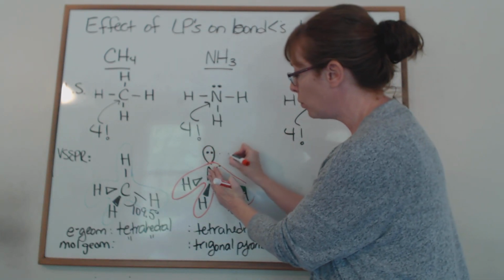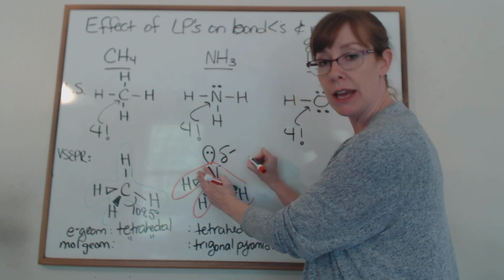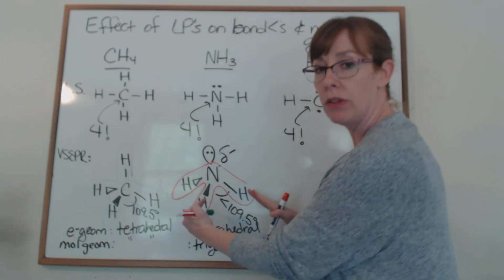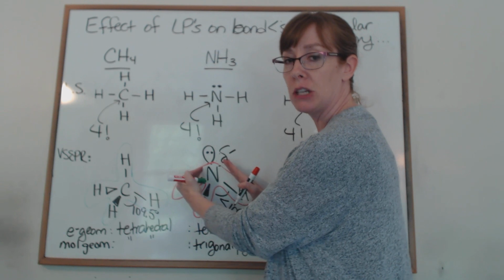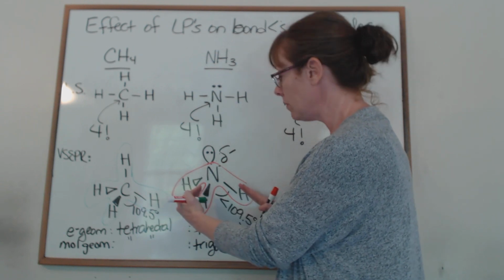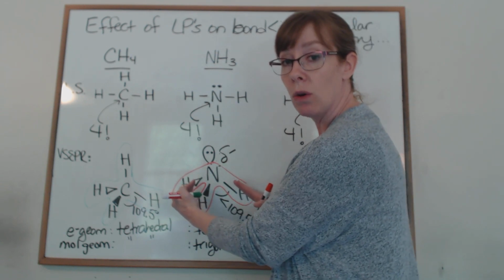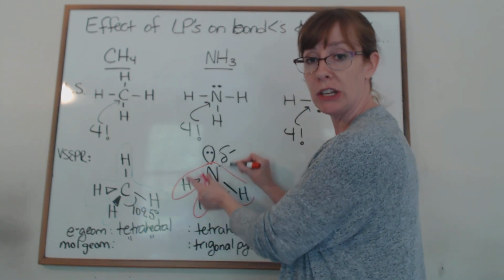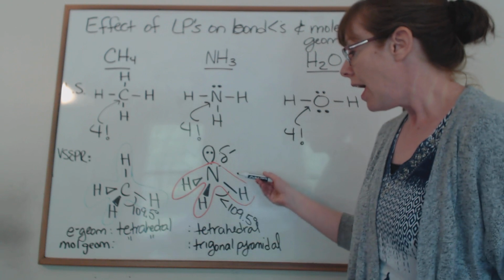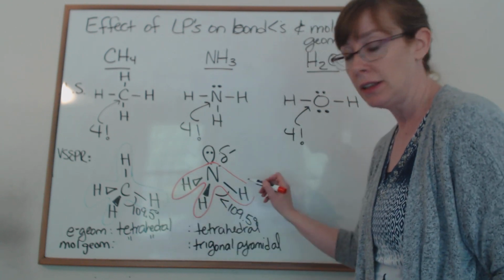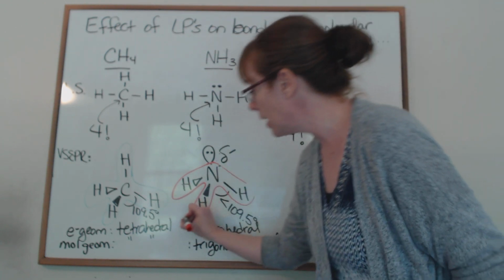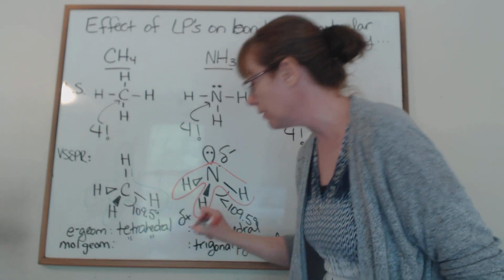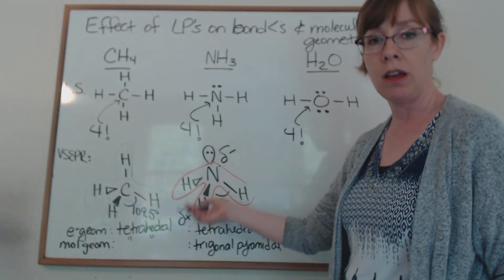So you will have what's called a partial negative up near the nitrogen, because all three NH bonds are polar. And so all these electrons are not in the middle, they're shifted towards nitrogen, and wherever they shift, you're going to write partial negative. And they're shifted away from the hydrogens. So you could have the north of the molecule be considered negative and the south of the molecule be considered positive.